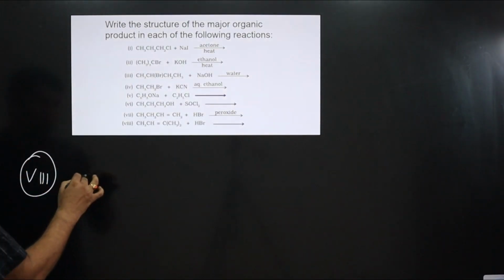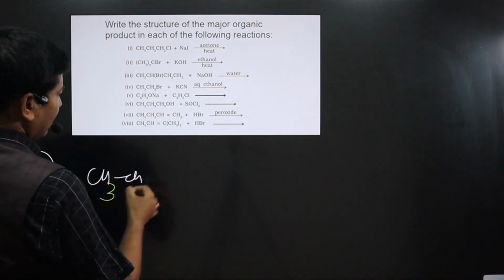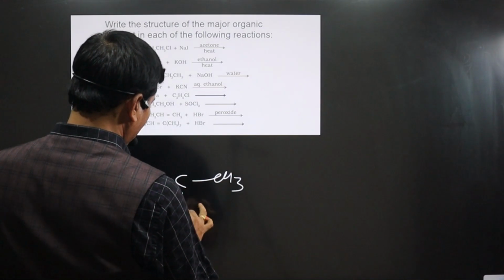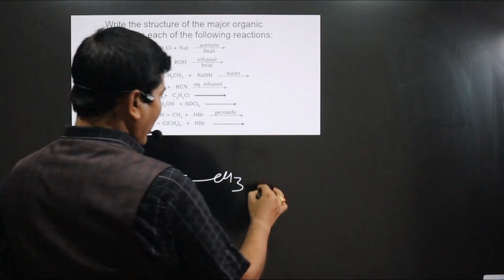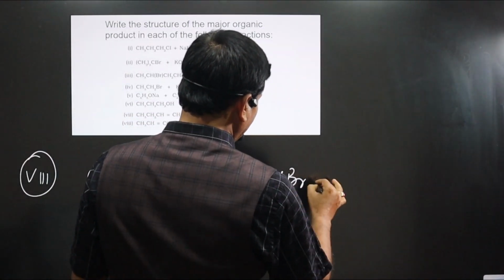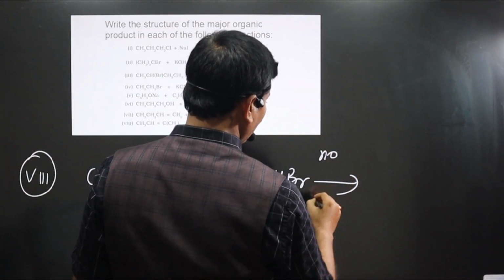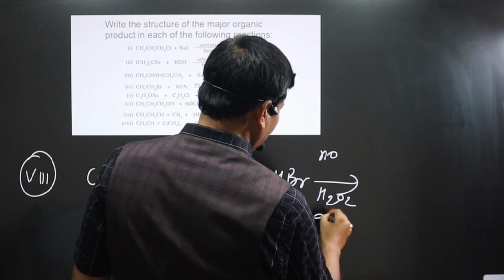We have the eighth one. Again we have CH3, it is CH, double bond, it is C, with CH3 and CH3. Draw the structure. We have HBr, very interesting question, but in this case we do not have the peroxide effect. No H2O2 is there.